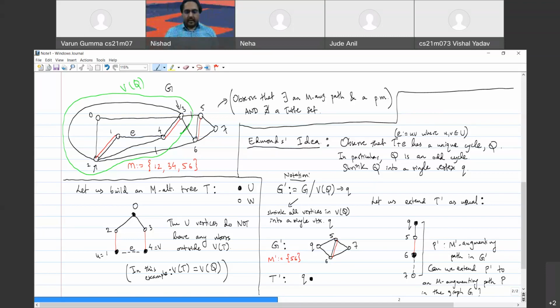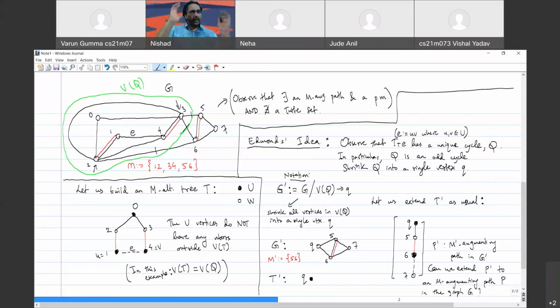Okay, so let's see. We have 5, 6, and 7. So we want to take that stuff. All right, let me see how to explain this part. Okay, so here is what we are going to do. We are going to go back to our tree T. Let us blow up the vertex Q back to the original 5 cycle.